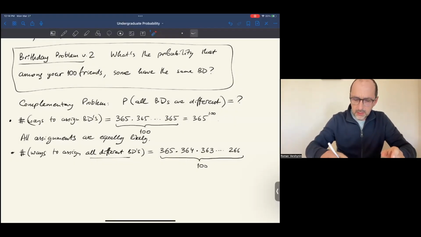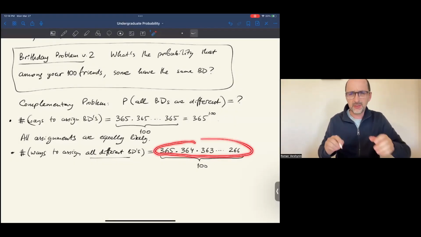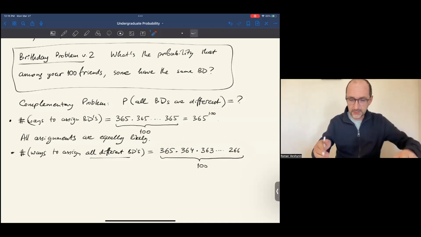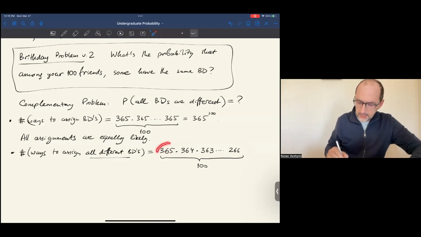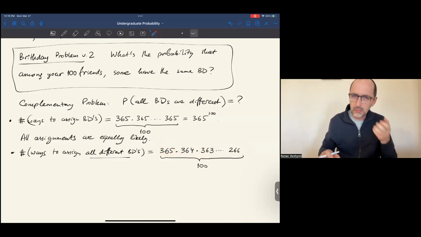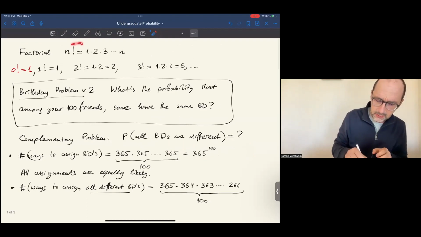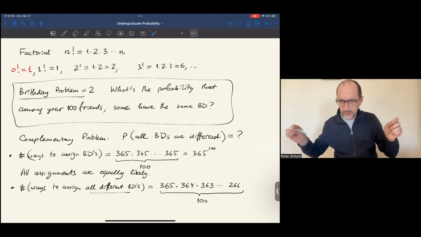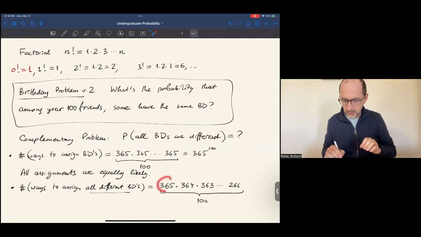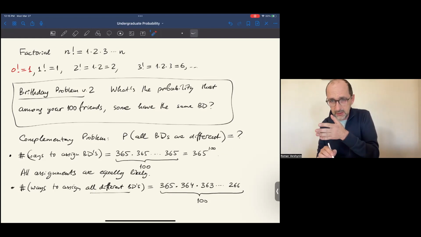This long list of numbers is not very convenient to work with, is it? There is a nice way to represent it in mathematics using factorials. Let's do it. The product 365 times 364, 363, and going down already looks like a factorial, doesn't it? And factorial is the product of all numbers going down from n to 1, and this is a product of numbers going from 365 down.